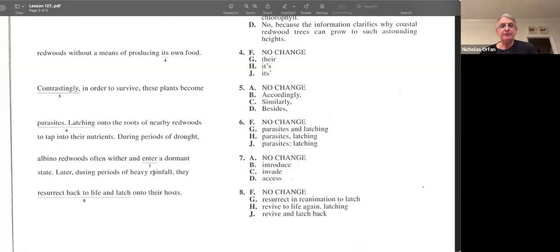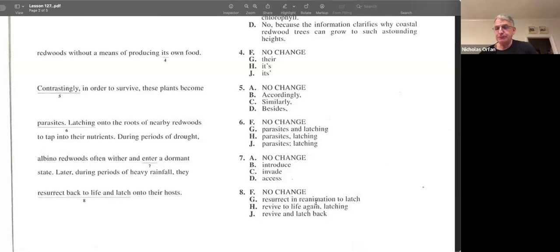Later, during periods of heavy rainfall, this is correct, right? This phrase should be cordoned off by commas. They resurrect back to life and latch on to their hosts. Resurrecting itself means coming back to life. So if you resurrect, you shouldn't say back to life because you're repeating yourself. You could say resurrect and latch, okay? But this is redundant. You're saying the same thing twice. So let's see what you got here. Resurrect in reanimation, again, redundant.